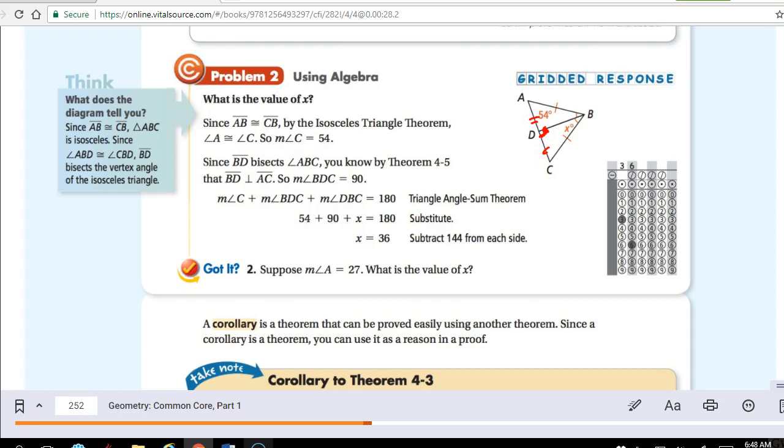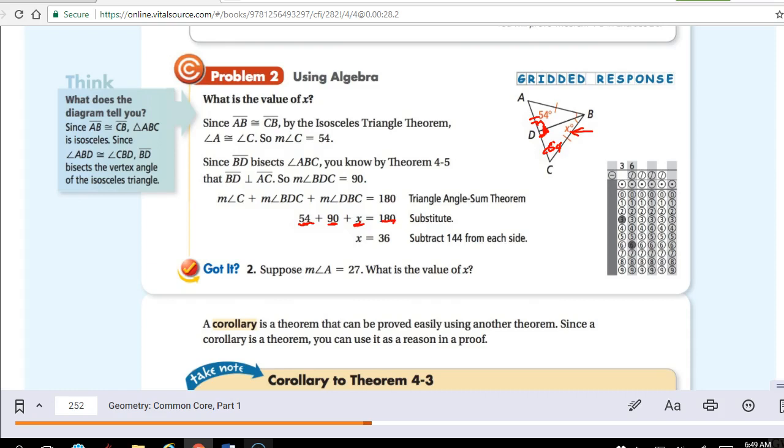That's just what happens. Now, if that is true though, then if that's 90, which means it's 90 over here as well, and this was 54 like we just said in the previous, then you could say 54 plus 90 plus the third angle, which is the one we don't know right there.